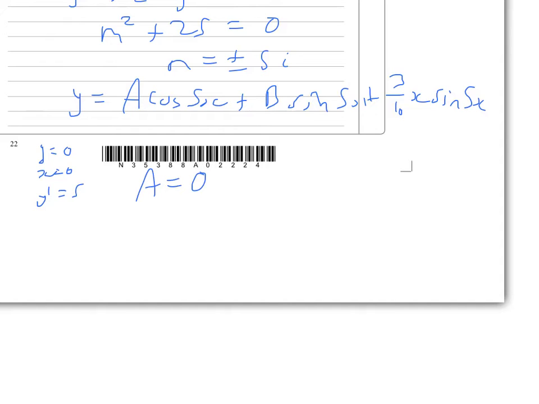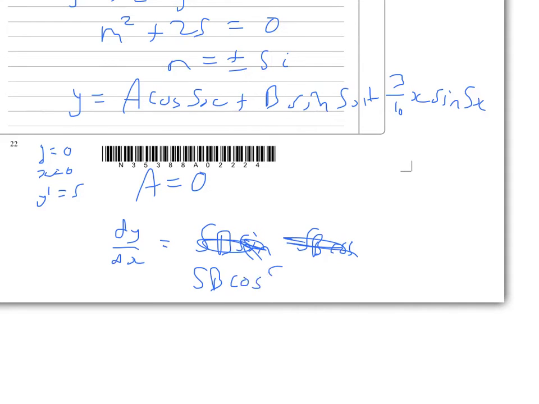Now dy by dx equals minus 5b cosine, no, 5b cosine 5x plus 3/10 sine 5x plus 15/10 x cosine 5x.